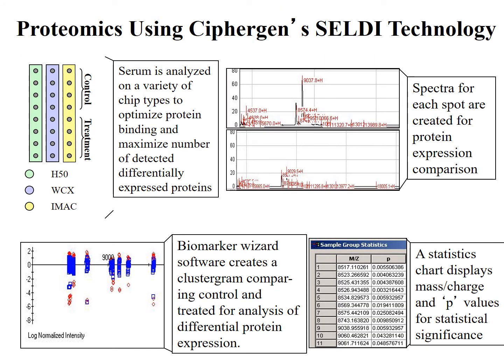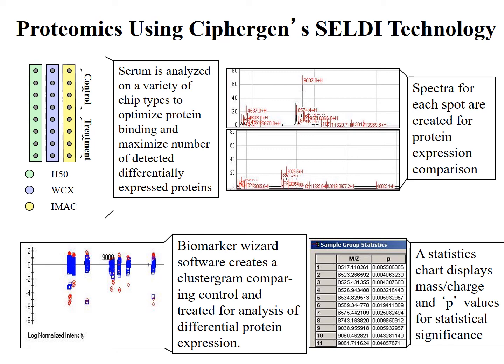And then of course there's software that's developed, and so this is proteomics here, and we get a spectrum for each spot. You get the marker to find things that are different in one type of situation versus the other. And you get the mass charge and the statistical value. In other words, how many times do you repeat this and still find that spot?